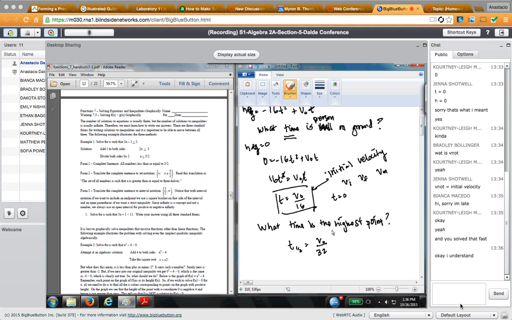Because if this is the time at which the person is on the ground again, then this would be the time when they're the highest in the air. It's halfway in between. Does that make sense? Halfway in between just means I multiply this first time by 1/2, which makes the bottom part 32. Are we cool with that?